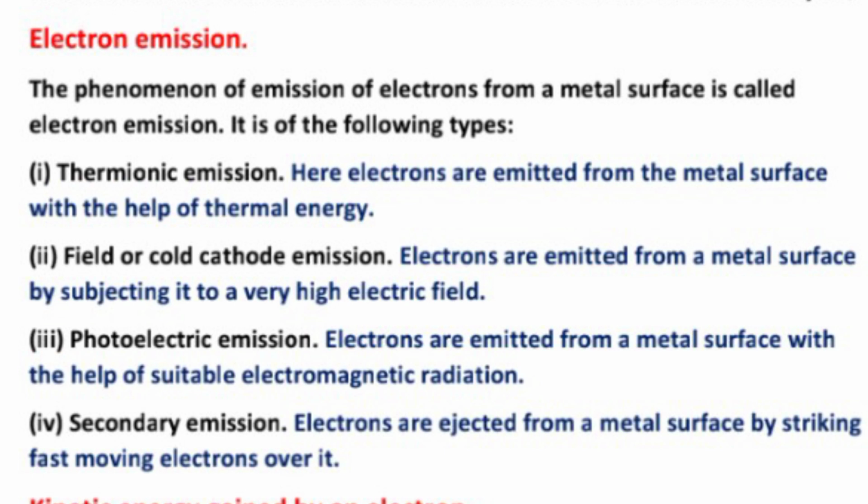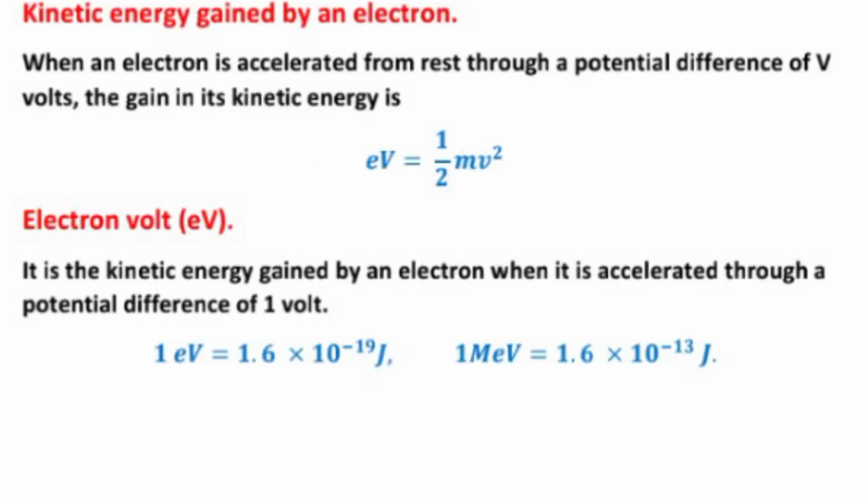Now, kinetic energy gained by an electron. When an electron is accelerated from rest through a potential difference of V, then the gain in its kinetic energy eV equals half mv squared. Electron volt, eV.